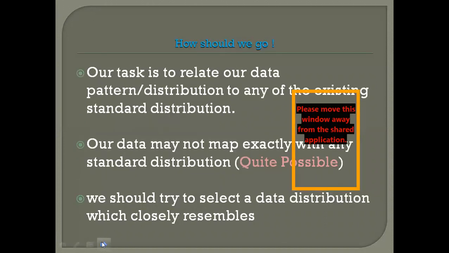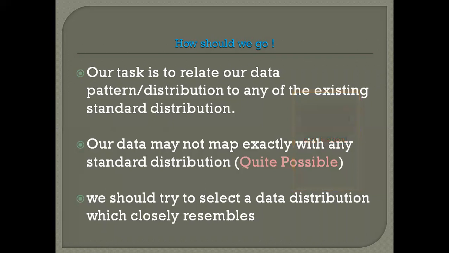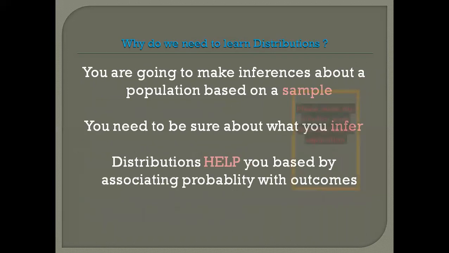So let's see how we are going to take this on. Our task is to relate our data or pattern to any of the given standard distributions, right? These are the standard distributions we have with us in our previous diagram. And why do we need to learn distributions?